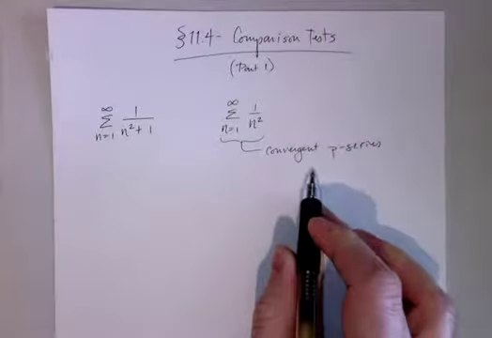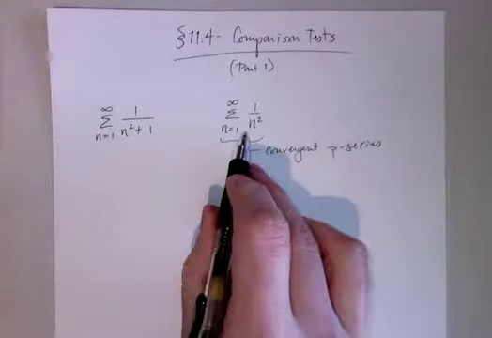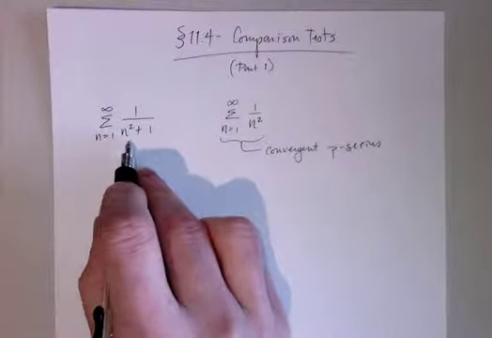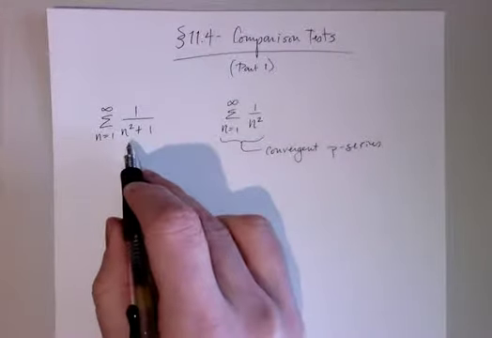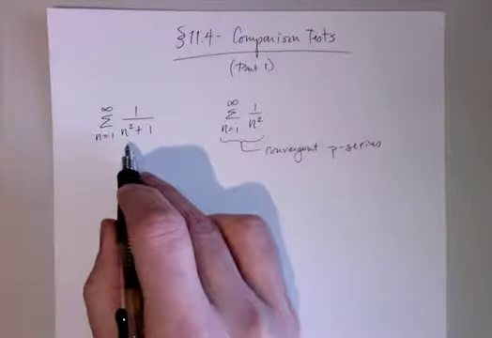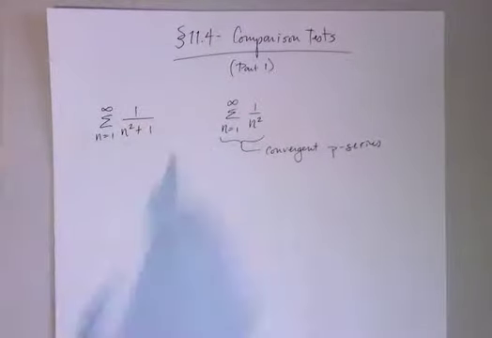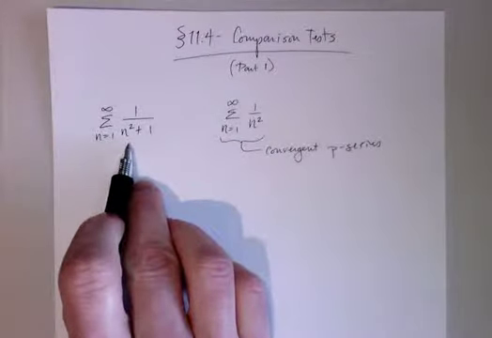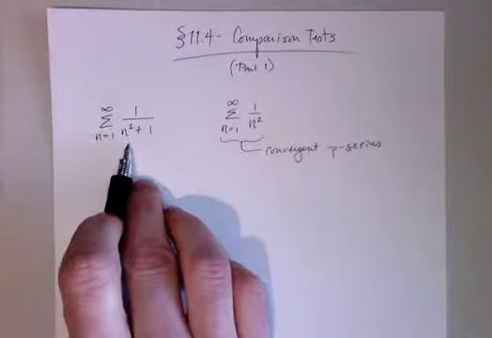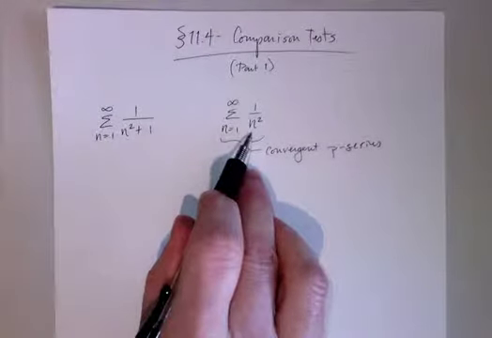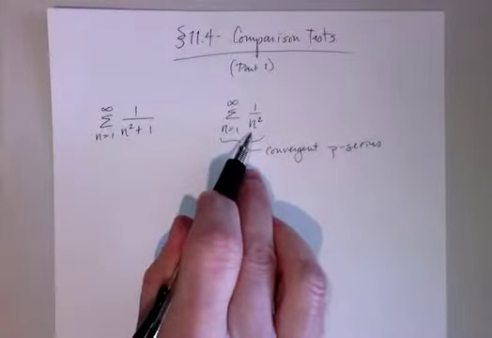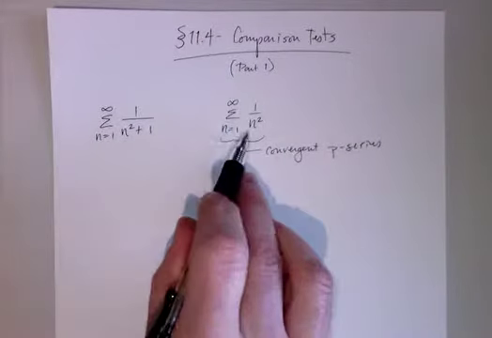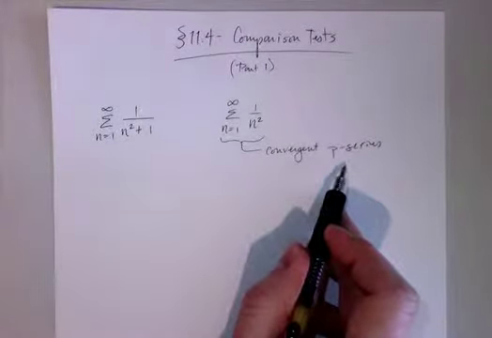Now what must the relationship be between this and this in order for me to know something significant about this, okay? And here's where the direct comparison test comes in. If you can say for sure that this series is smaller than this series at every point, then if it's smaller than a convergent series, it's convergent.